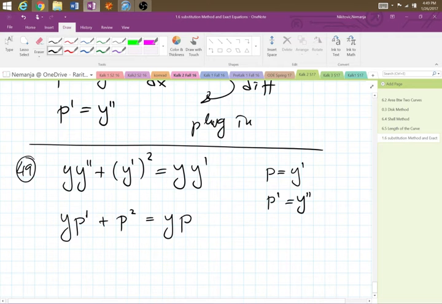Okay, now what? Let me just check one thing. So how much is y? From this equation here, y is equal to what? Exactly. Right?